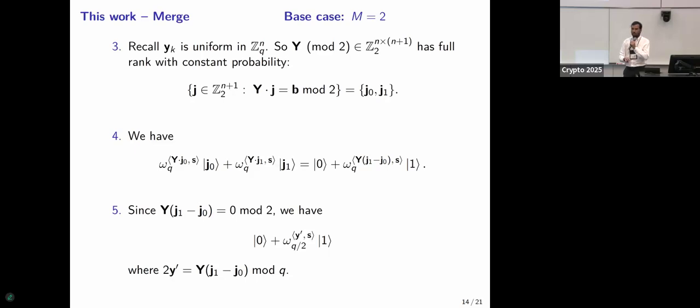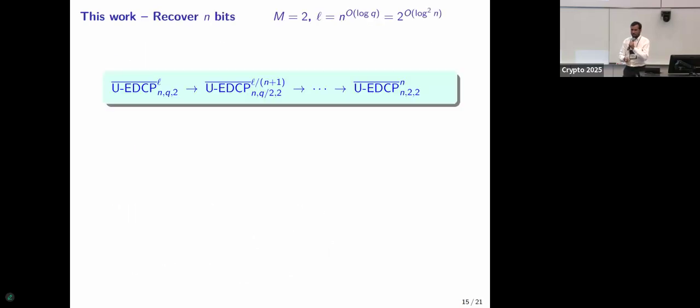Now, since we want to combine in such a way that we get a UEDCP bar with modulus only 2, and Q is a power of 2, we need this kind of chain of combinations. At each step, we combine n+1 many samples, and we need log Q many steps.